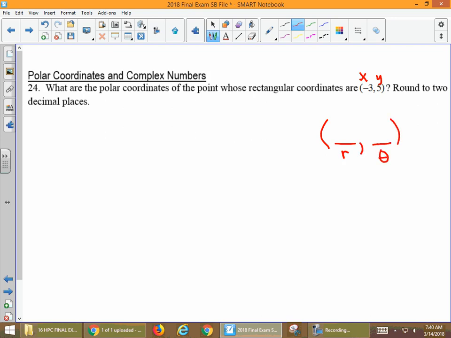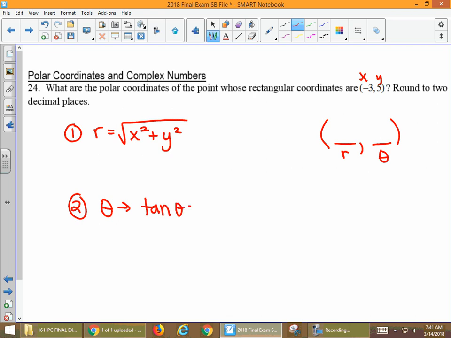So our process for this is two steps. First, we're going to find r using the square root of x squared plus y squared, just the Pythagorean theorem, and that is on your equation sheet. And then we're going to find theta by doing tangent of theta is y over x and evaluating the quadrant.